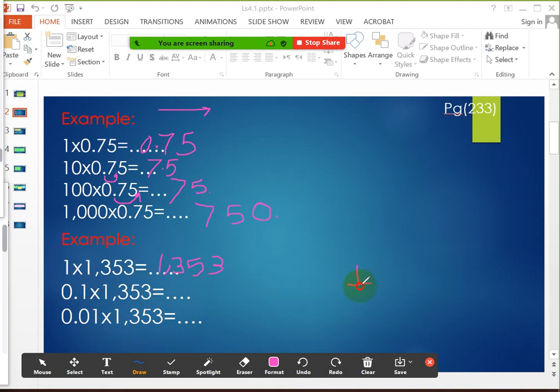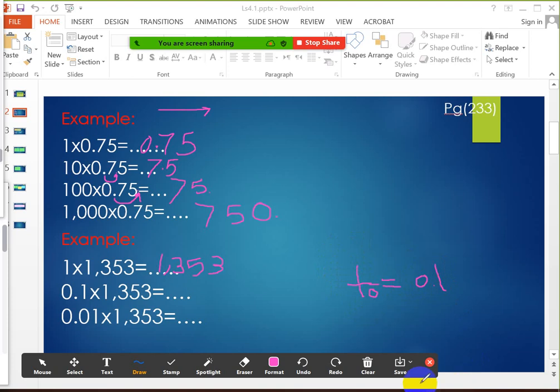You remember when we take 1 over 10, okay, 1 over 10 equals what in the decimal number? You remember how to write the decimal fraction as a decimal number. 1 over 10 equals 0.1, right?